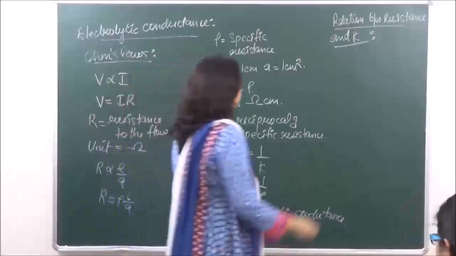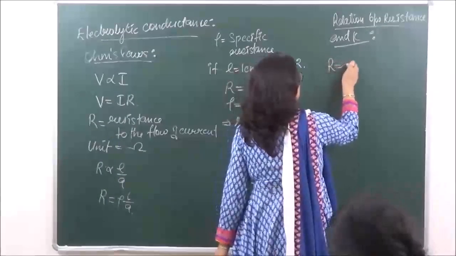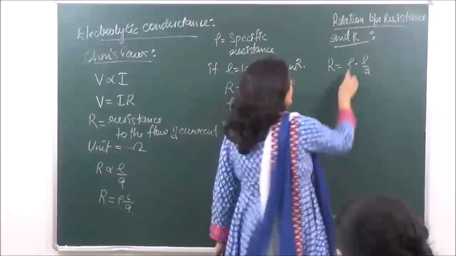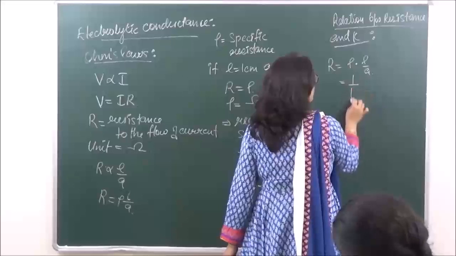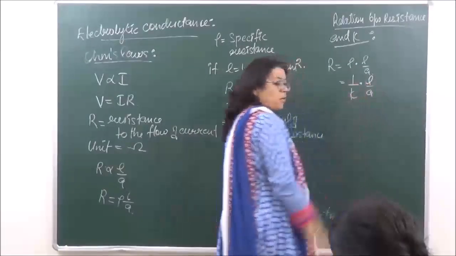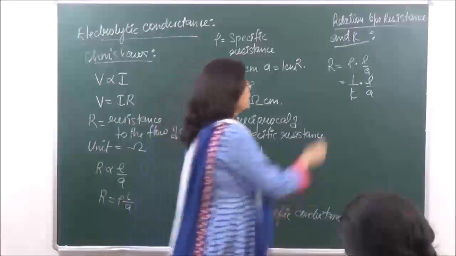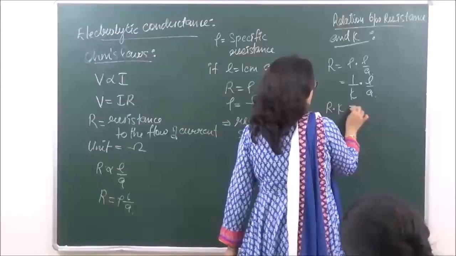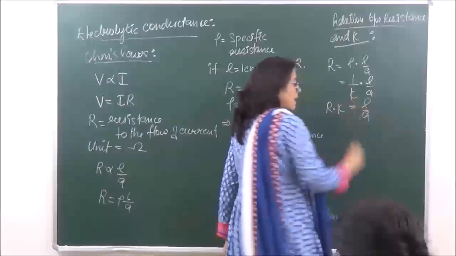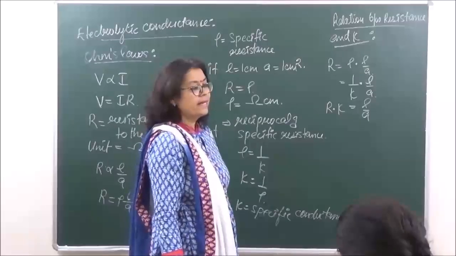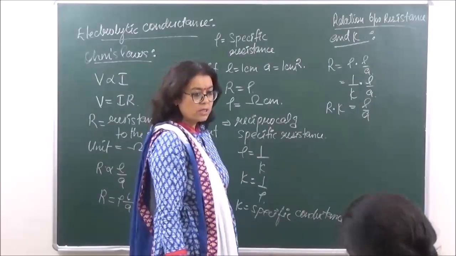We know that resistance equals rho into L upon A, and rho equals 1 upon kappa, so R equals 1 upon kappa into L upon A. Taking kappa to the other side, R into kappa equals L upon A. In a cell, the length of the wire and the area of cross section are always constant.